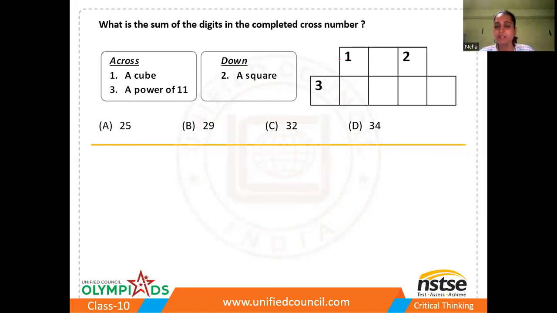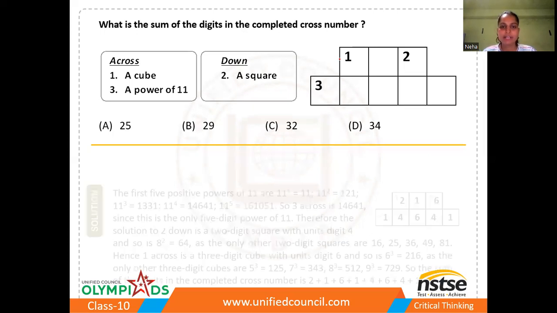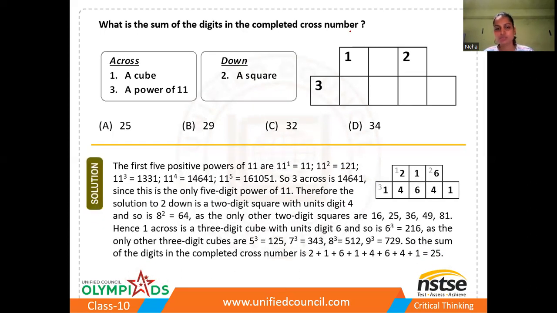So what can I write here? Let me show you the calculation of this question so you can understand it in a better way. The first five powers of 11 are these. So 3 across is this, because I need a 5-digit number, 1, 2, 3, 4, 5.